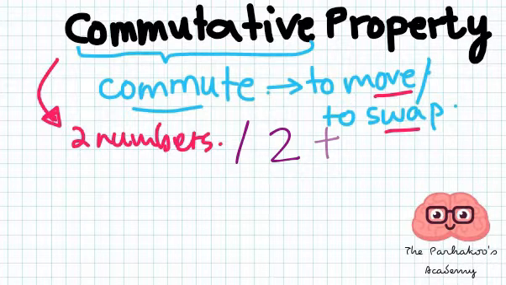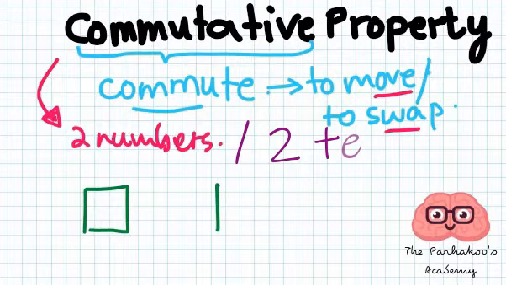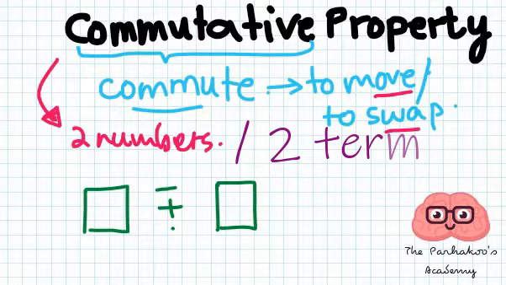So in commutative property, we have two numbers and we can have any of the four operators between them, like plus, minus, division or multiplication.